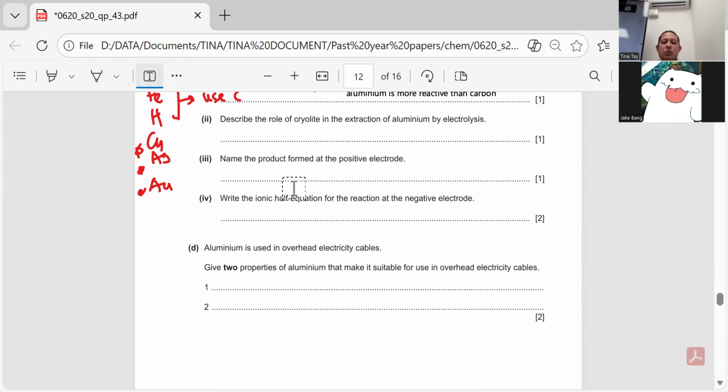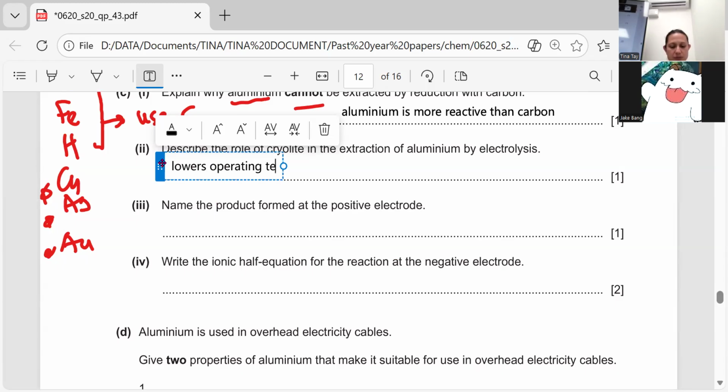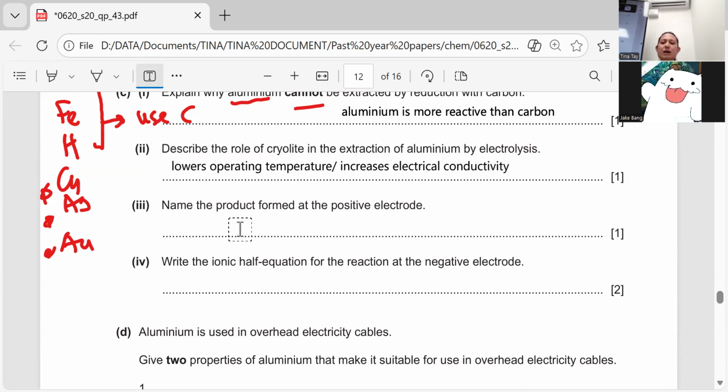So there are two that you always write: lowers operating temperature and increases electrical conductivity. You need to know both because sometimes it's a 2-mark question.